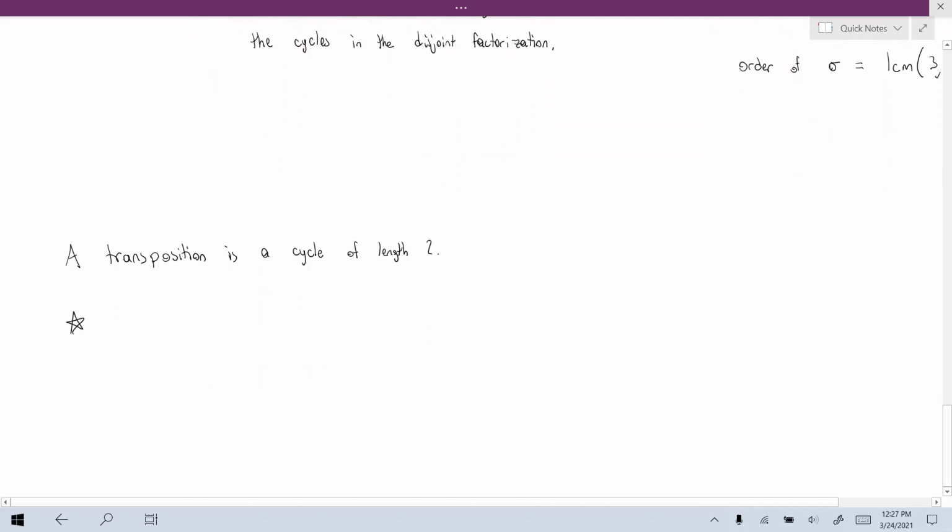All right, so it is a fact that every permutation can be factored into a product of transpositions.